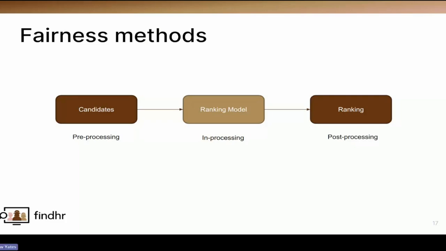And we can talk about post-processing, which is some modification of the output of the ranking model in order to ensure some sort of fairness. So again, pre-processing is what goes into the ranking model, in-processing is what happens inside the ranking model, and post-processing is what happens to the output of the ranking model.